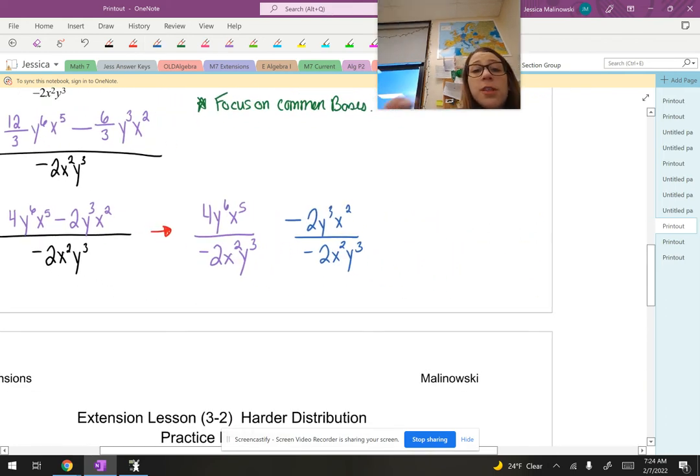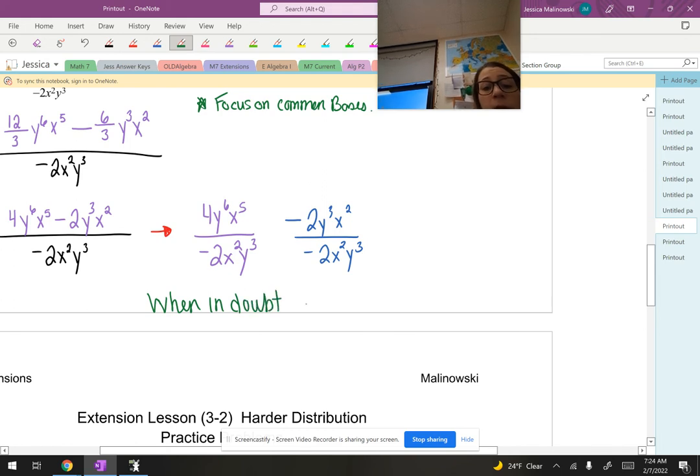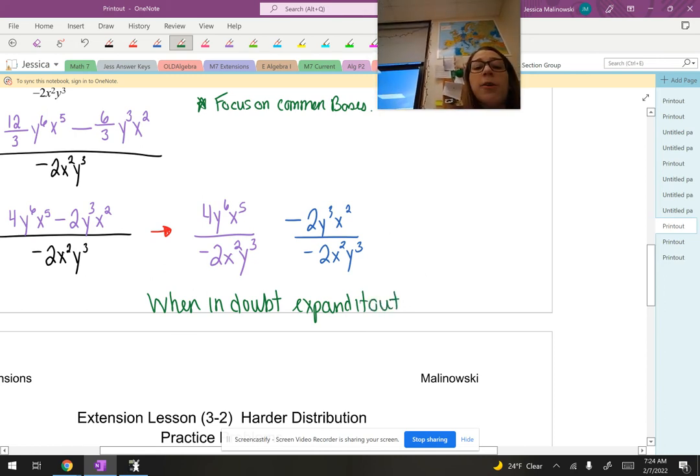And once you get to this part, this is where, when in doubt, just expand that out. Even if it's just in your head that you're expanding it out.